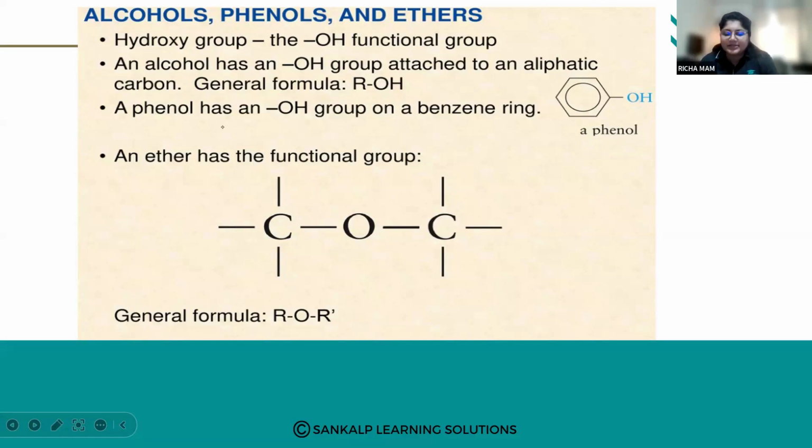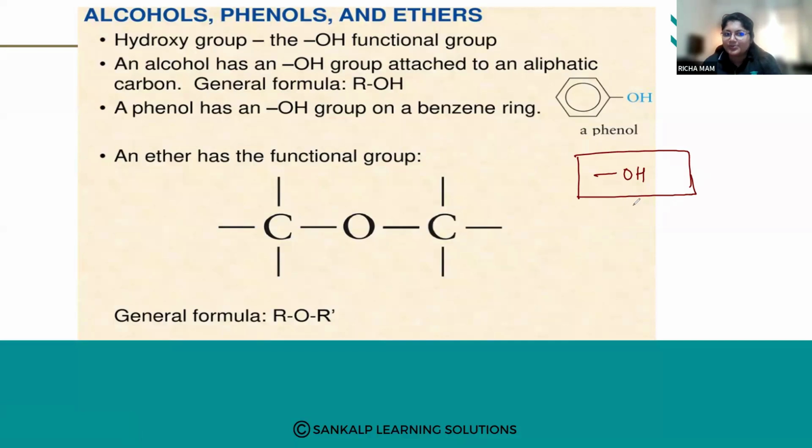When you consider the word alcohol, what functional group does it have? It has a hydroxyl group, the OH group. The compounds which have an OH group are classified as alcohols.